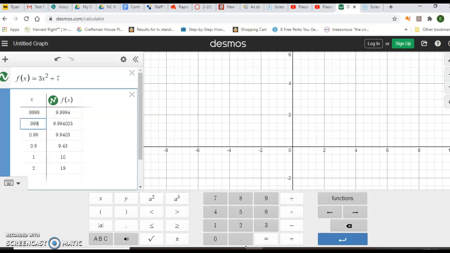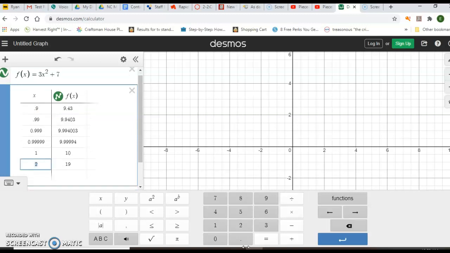All right, so you can see how this is getting closer and closer and closer to, should have done it the other way, 0.9999 would be the closest one. Okay, 0.999, and then these are getting farther away. Okay, getting closer and closer and closer to 10.